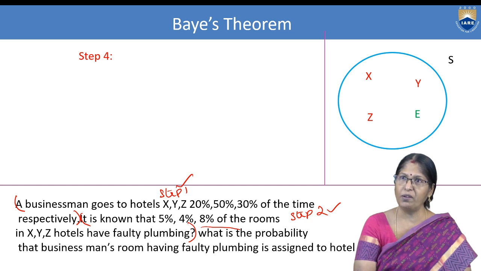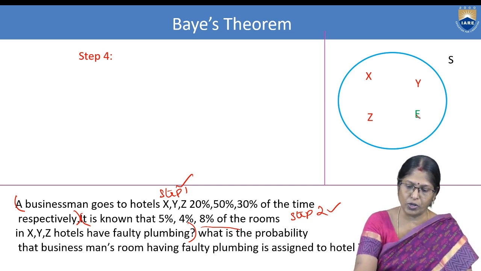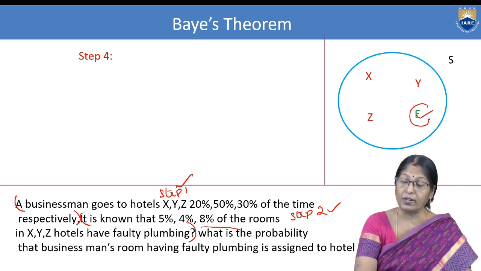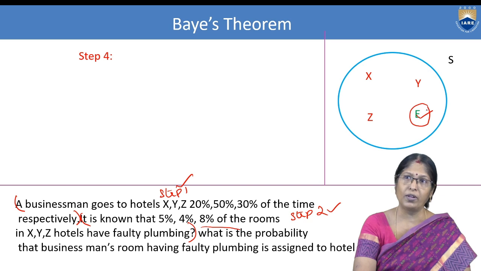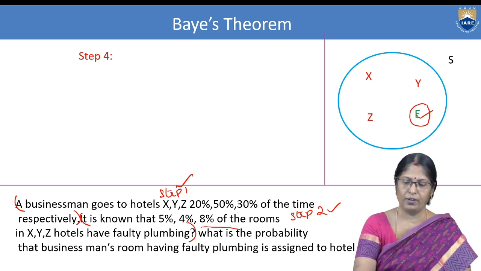It is not given, but we are finding it. Even if the total probability of that intersecting event is not given, it is advisable to do it in step 3.